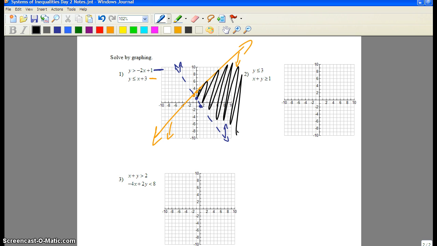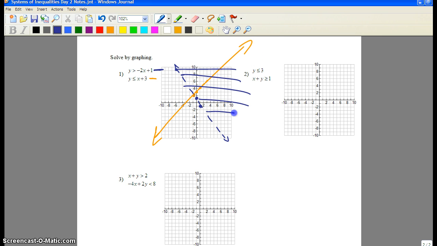Okay, if you can't see it that way, remember there's 2 other ways to do it. If you have colored pencils it helps, but if you don't, you can still do it this way. You can shade, put lines down. And it's still the same spot.